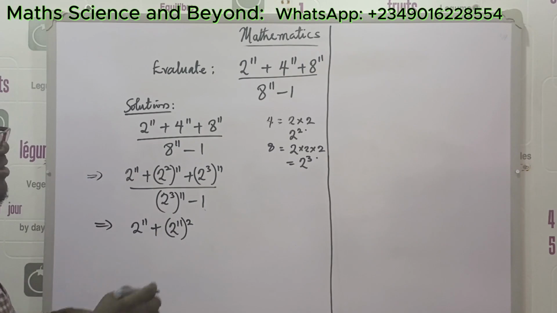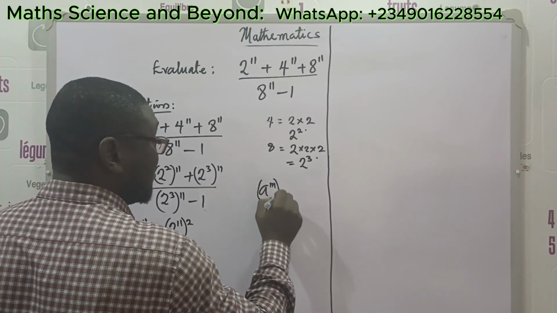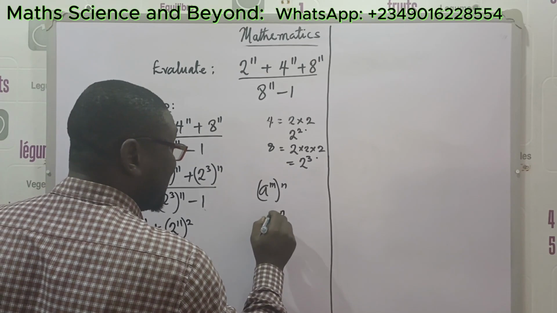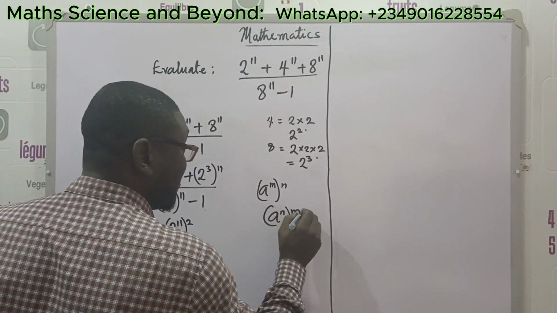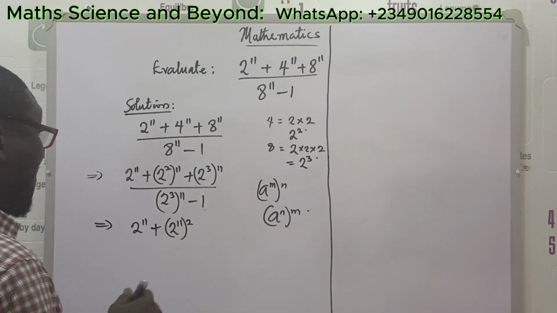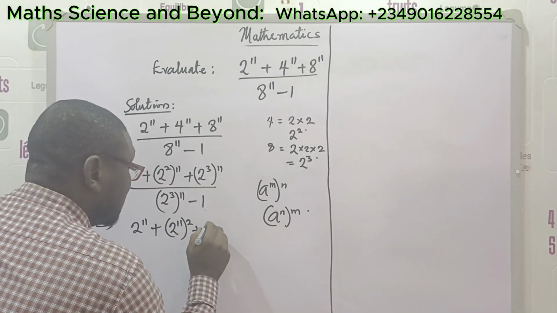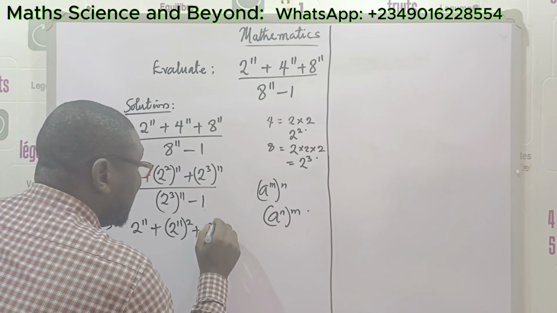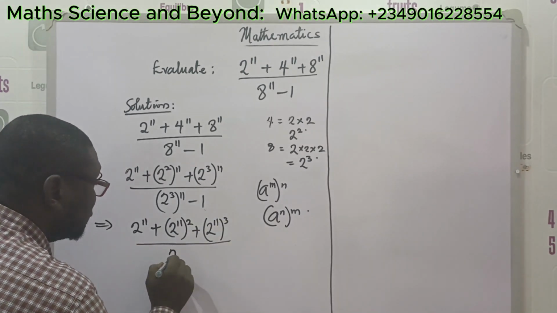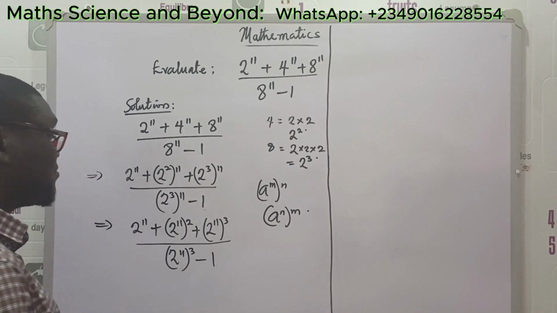This is the same thing because when you have indices, a raised to power m, all raised to power n, you can write it as a raised to power m times n. So the next thing is plus 2 raised to power 11, raised to power 3, all over 2 raised to power 11, raised to power 3, minus 1.